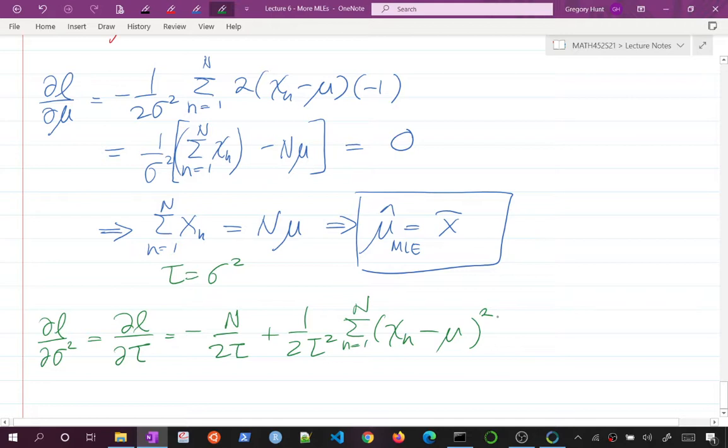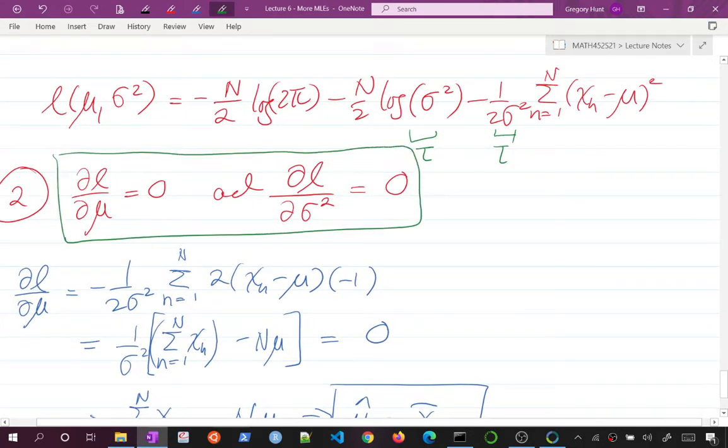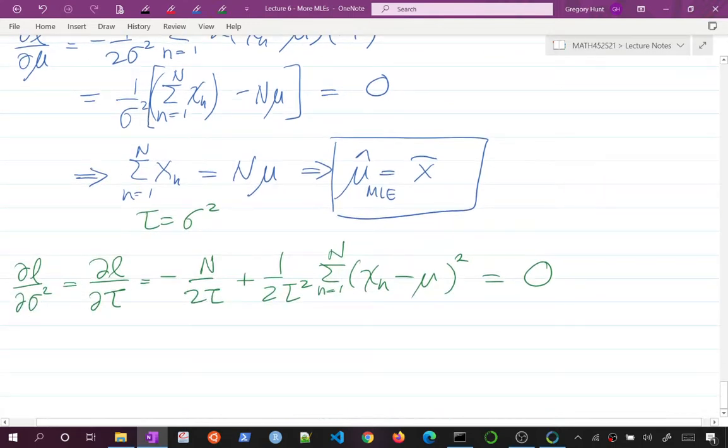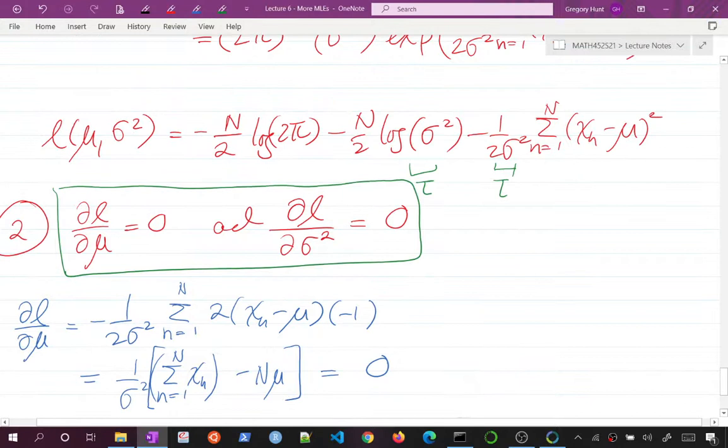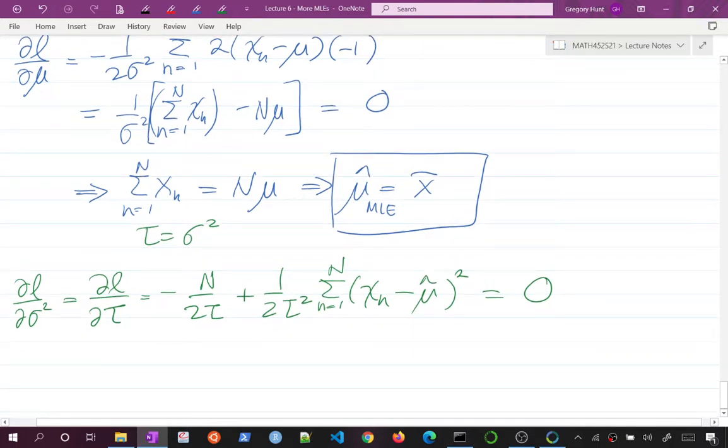Now, our whole goal is to set this thing equal to 0, right? We basically have to solve the system of two equations. Turns out the one involving mu didn't involve sigma squared at all, so it was easy. And this one does involve mu. However, because we're solving a system of two equations, we already know from the first equation that mu is x bar, so we can replace mu with mu hat anywhere we see it.